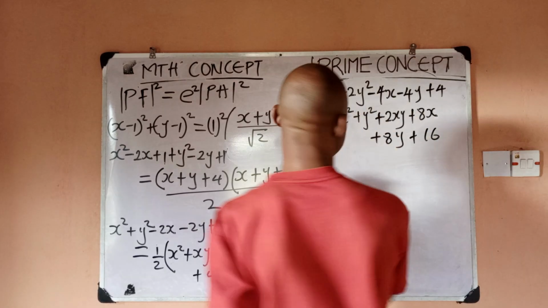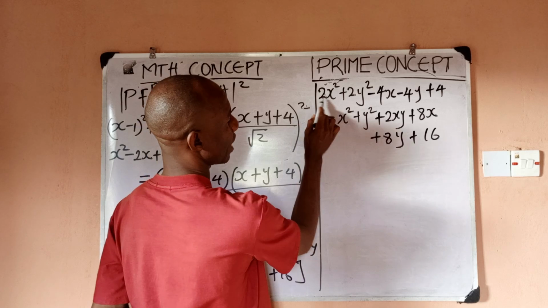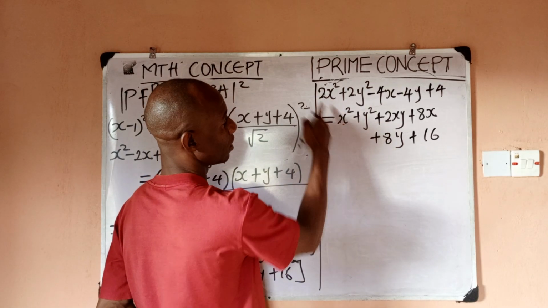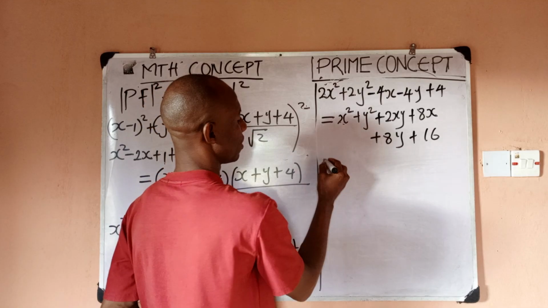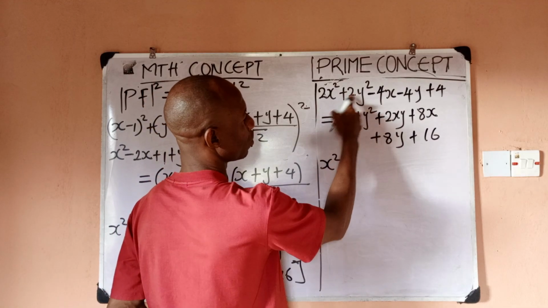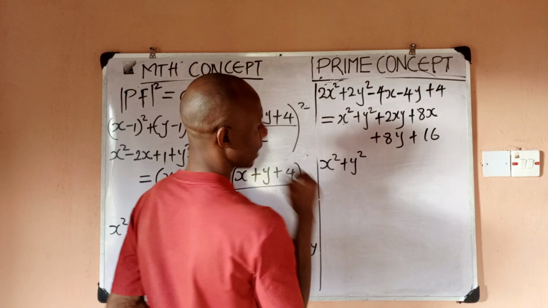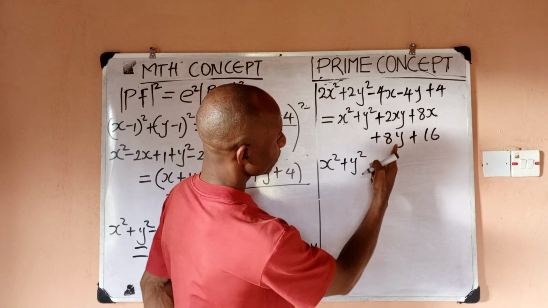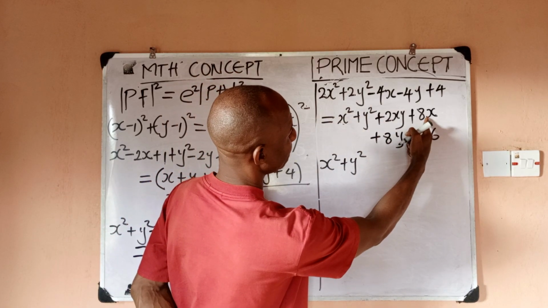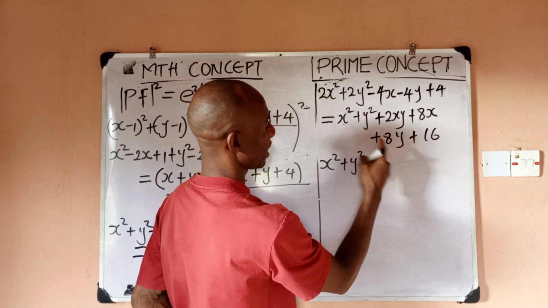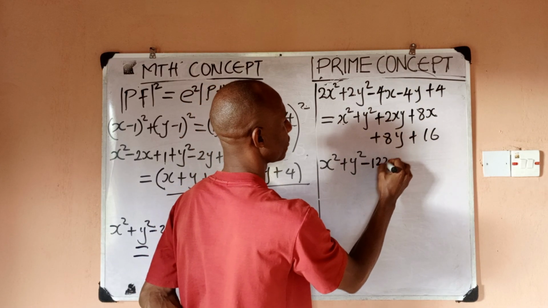So I want to collect like terms. When this one crosses, 2x squared minus x squared would give me x squared. 2y squared minus y squared would give me y squared, right? What else can come? Now when this 8x comes, it becomes minus 4x minus 8x, which would give me minus 12x.